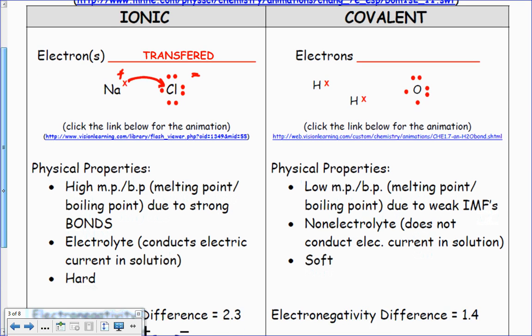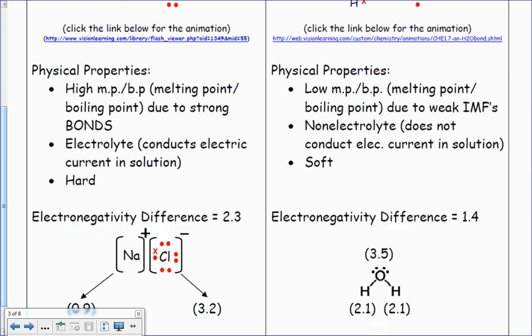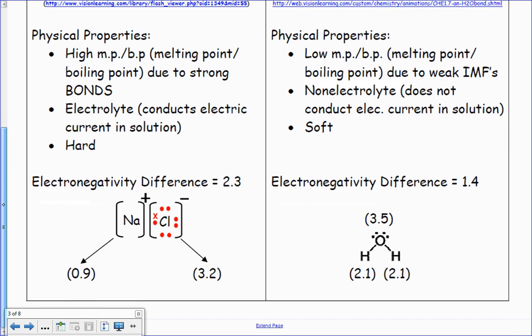The physical properties of all ionic solids we're going to find, and we need to memorize these. They're going to have very high melting points and boiling points due to the strength of their bonds. The melting point is one that we will be able to test. Normally, I can't get anything high enough in temperature to actually boil a liquid ionic compound.